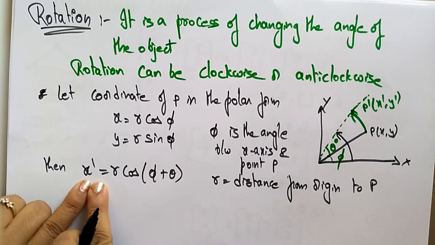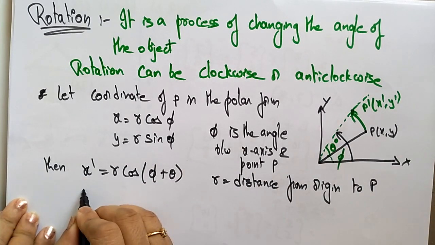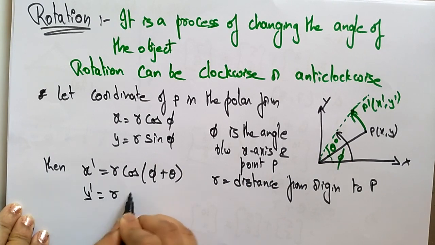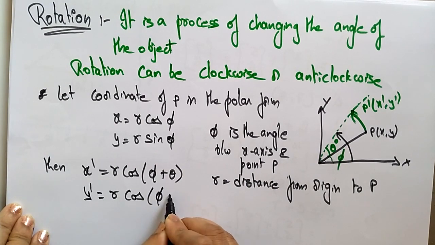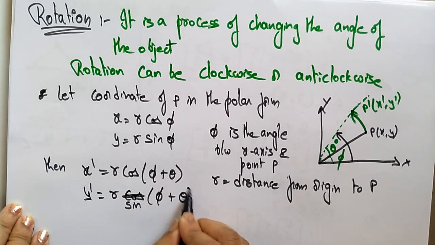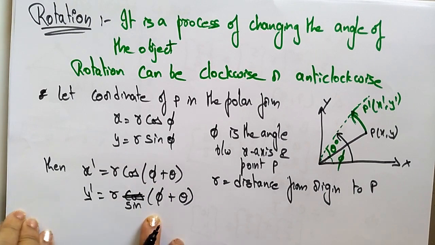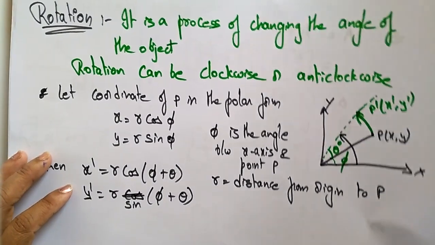That's why x dash is equal to r cos(phi plus theta). In the same way, y dash is equal to r sin(phi plus theta). For the x-axis we always take cos, and for the y-axis we always take sin. You already learned these topics in geometry, when studying in 7th, 8th, 9th, 10th classes.